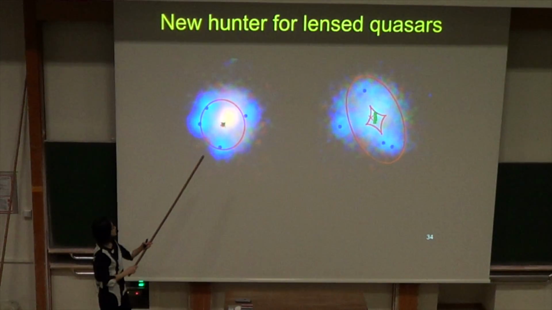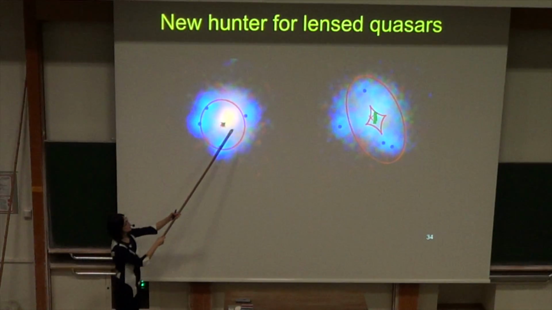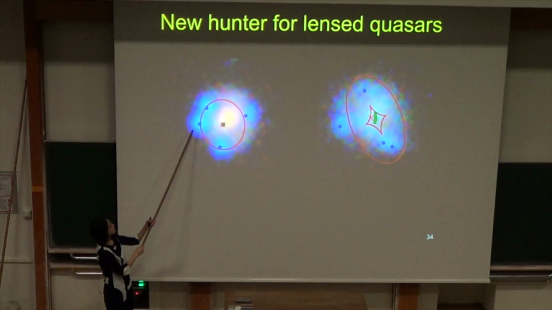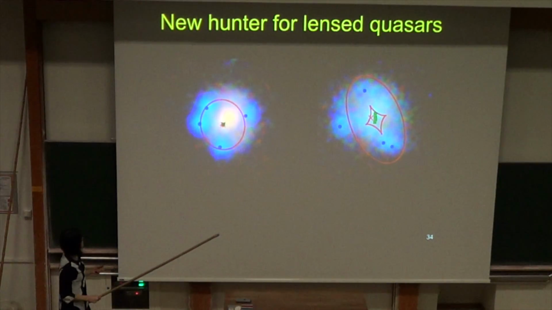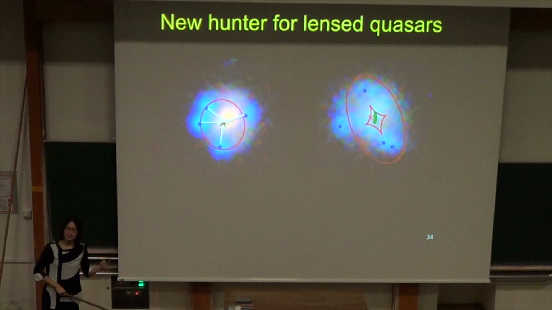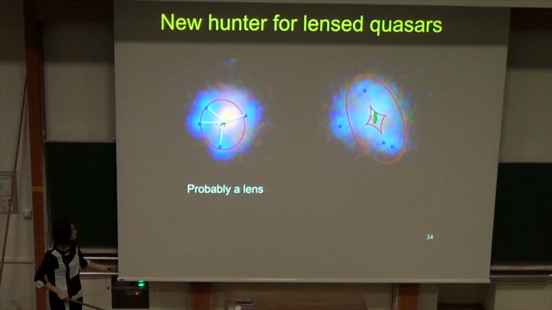We then fit positions to the blue features as point sources, and then we see if these point source image positions can map to the same position on the source plane, as they must if it's a strong gravitational lens. If we can do this, then it is probably a lens.